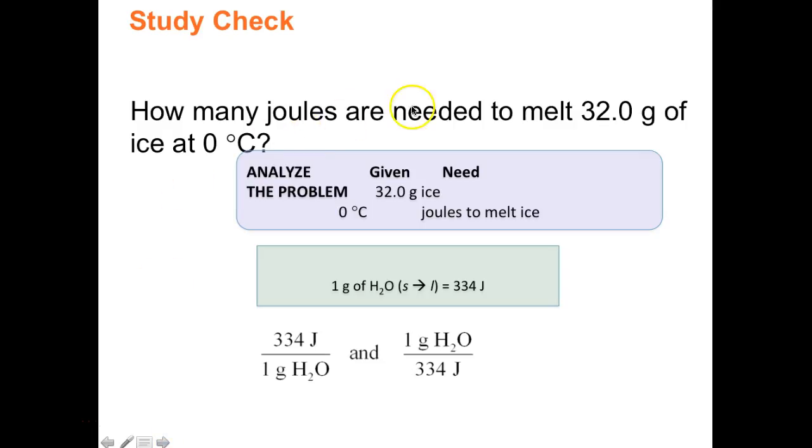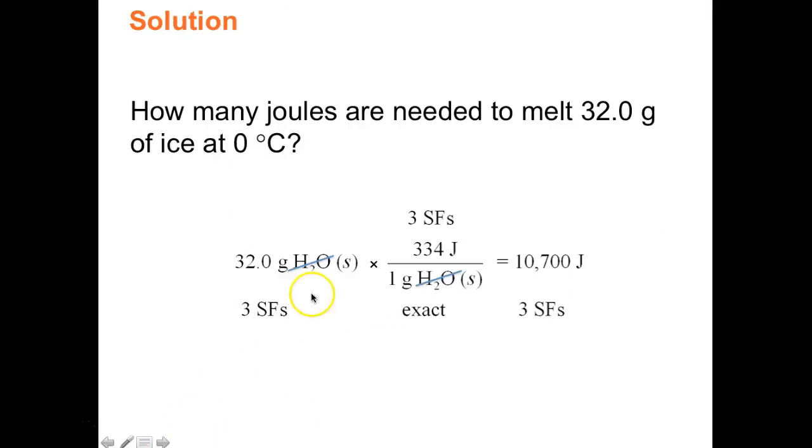How many joules are needed to melt 32 grams of ice at 0 degrees centigrade? 1 gram of ice requires 334 joules, so 32 grams would be 32 times the 334. The grams of ice cancel, and then 32 times 334, and you need 3 sig figs, and that's 10,700 joules.